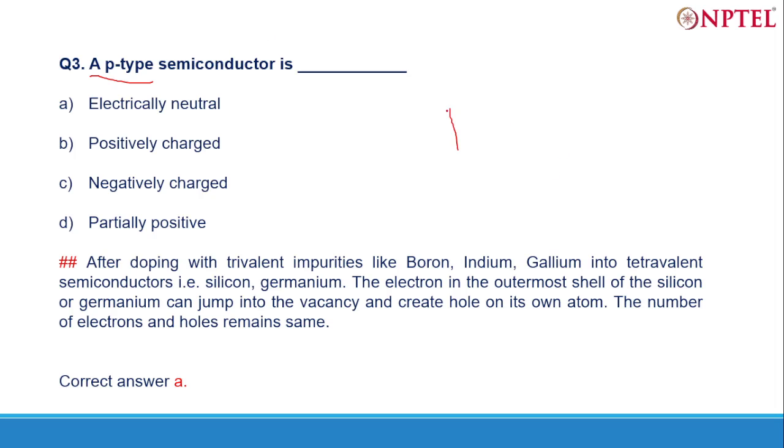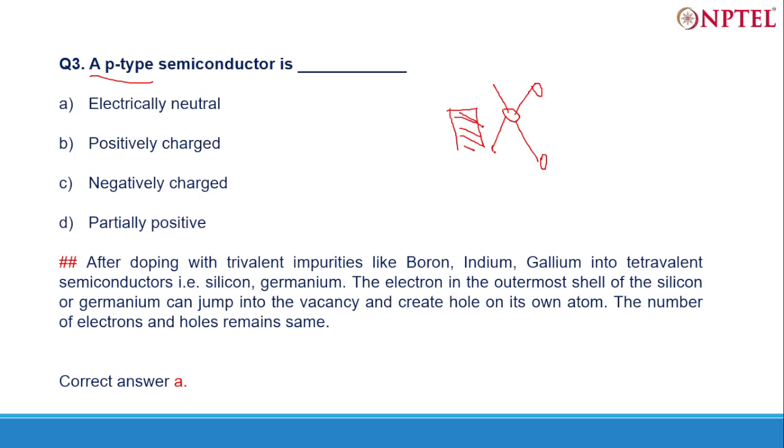So if we have a tetravalent semiconductor, and we have some trivalent impurities, the impurity has one electron here, one electron here, one electron here.